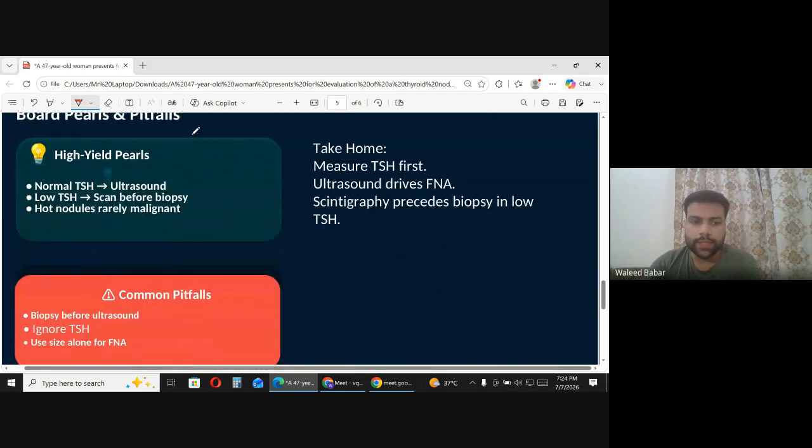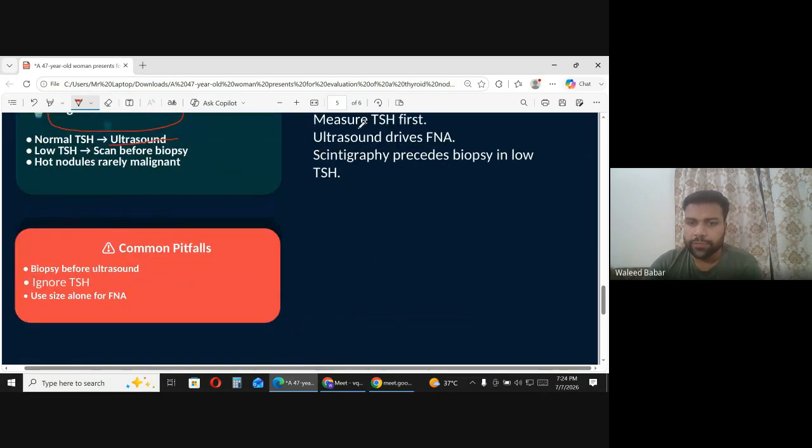So some high yield pearls that I'm going to discuss: if the TSH is normal, we will perform ultrasound, right? If the TSH is low, we will perform scan before biopsy, right? And again, first measure TSH, ultrasound will drive FNA, always.